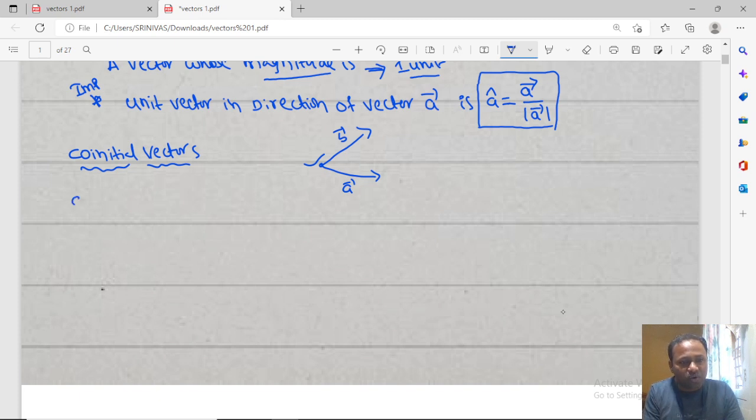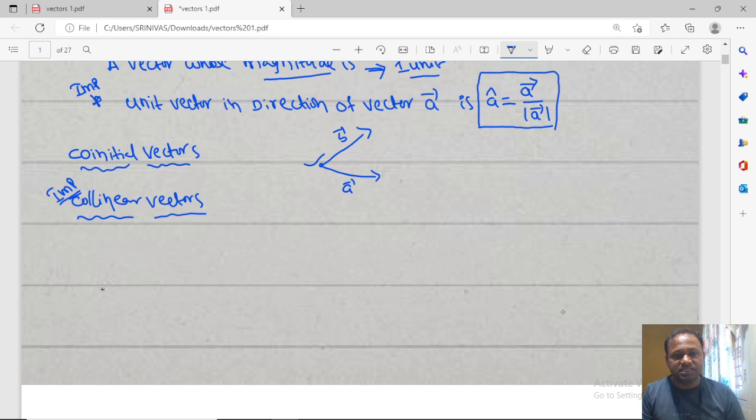Next one more, collinear vectors. This is very important. This question will be asked frequently in the exam, most important, for a 1 mark question.